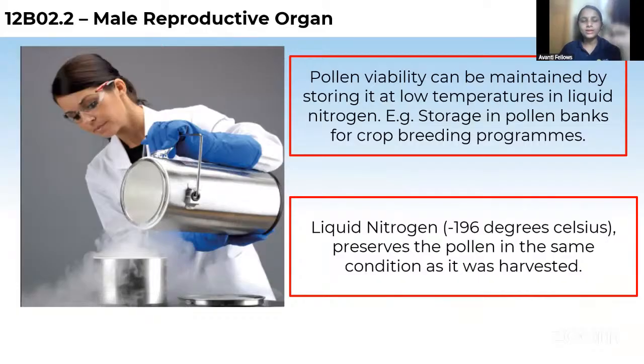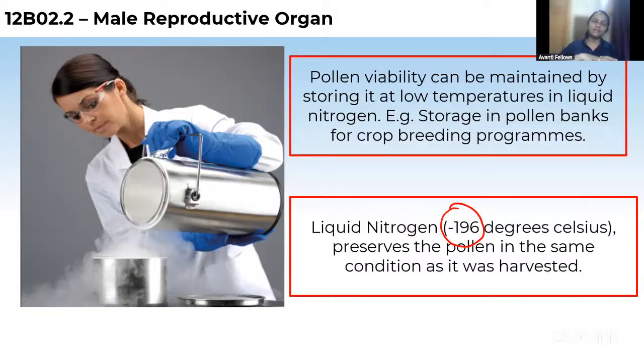You can see here that is the liquid nitrogen. The liquid nitrogen is at minus 196 degrees. It is going to be stored at minus 196 degrees, guys. Whenever scientists use liquid nitrogen, they can take any tissue or any leaf.